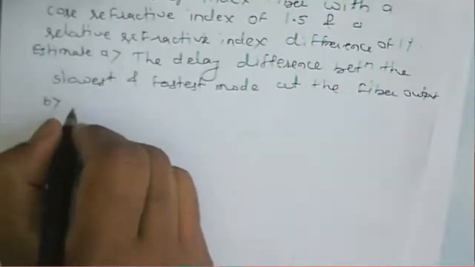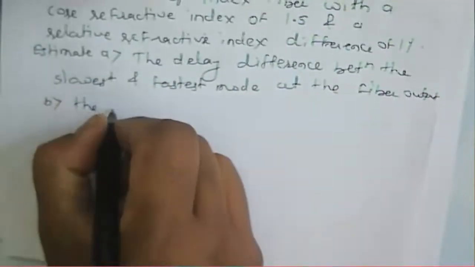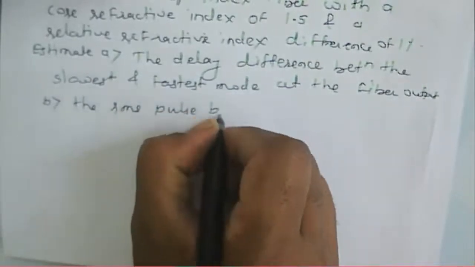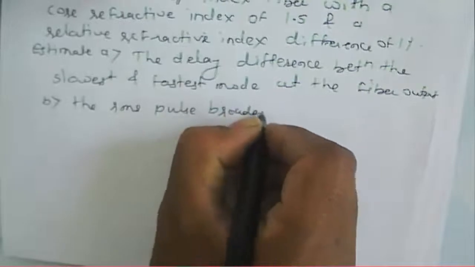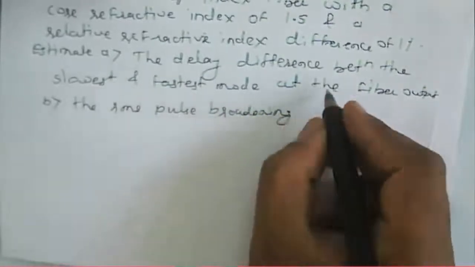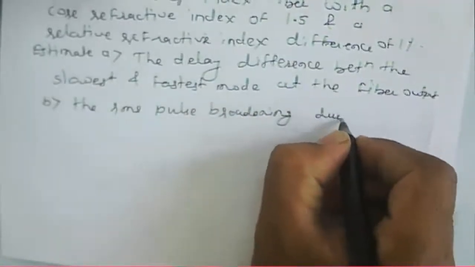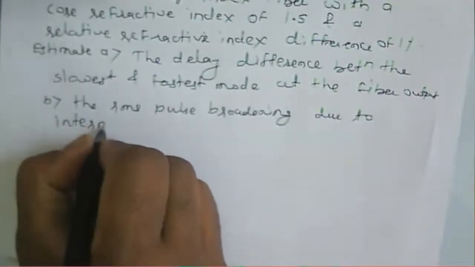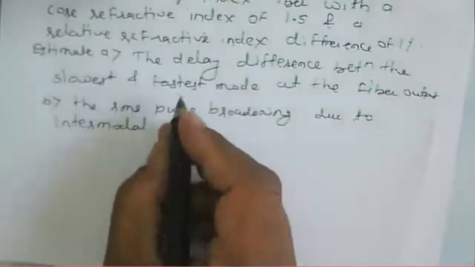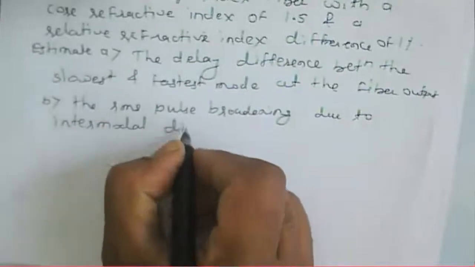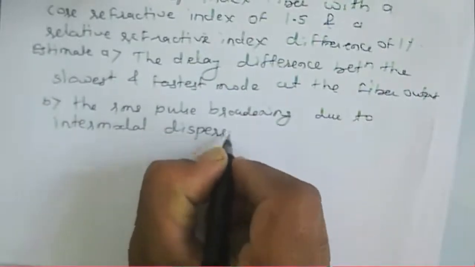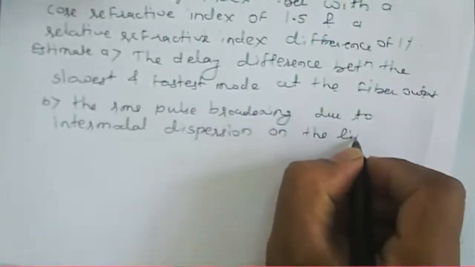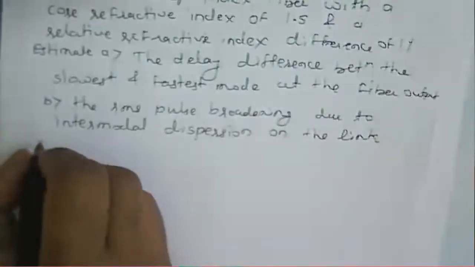Then B, the RMS pulse broadening due to intermodal dispersion on the link.